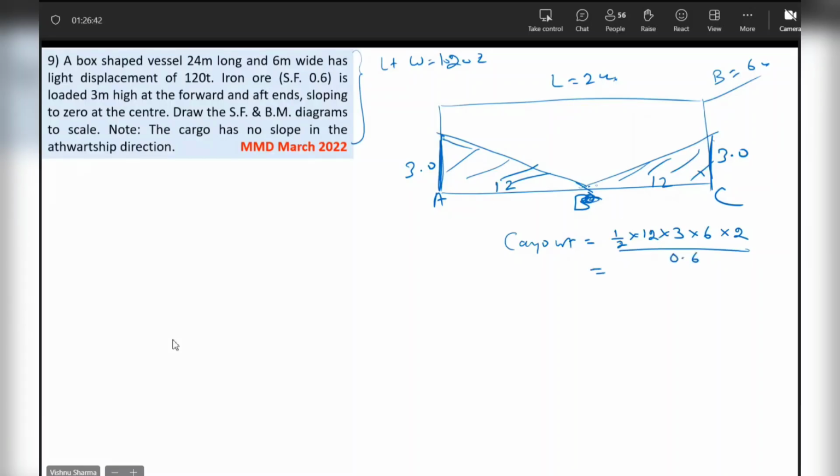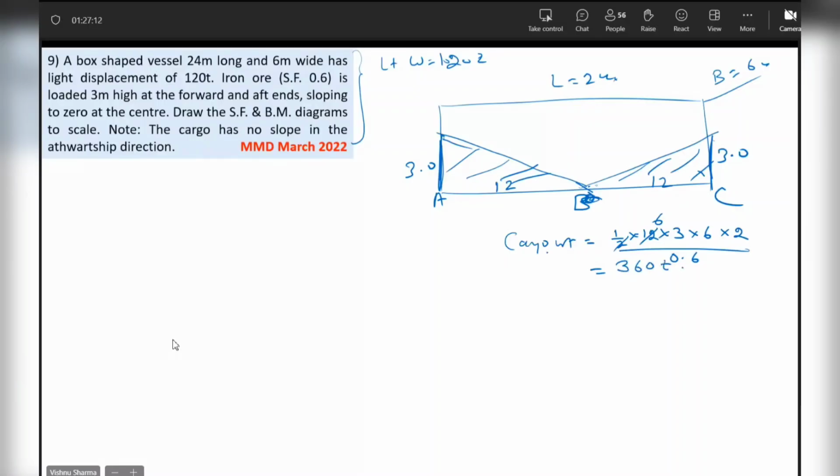How much is the cargo weight, guys? How much is the cargo weight, beta? 360 tons, sir.